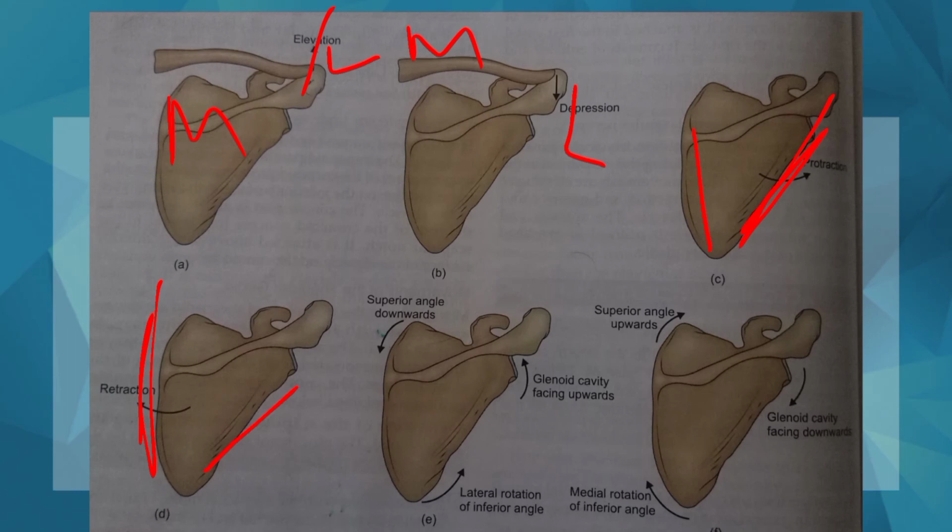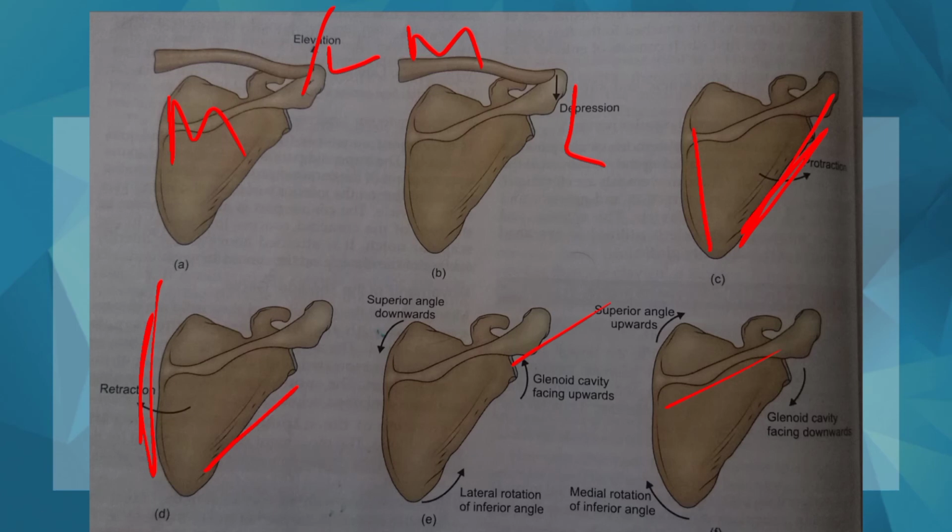Now lateral or forward rotation. See, these are the rotations. This rotation of the scapula around the chest wall takes place during overhead abduction of the arm, like more than 90 degrees. The scapula rotates around the coracoclavicular ligaments.